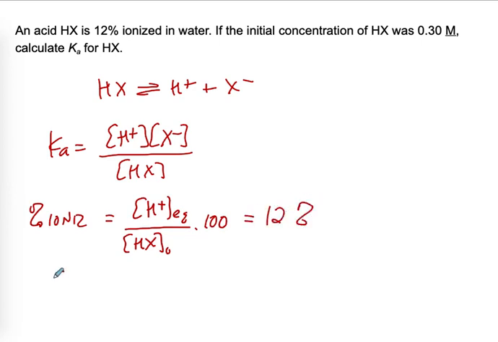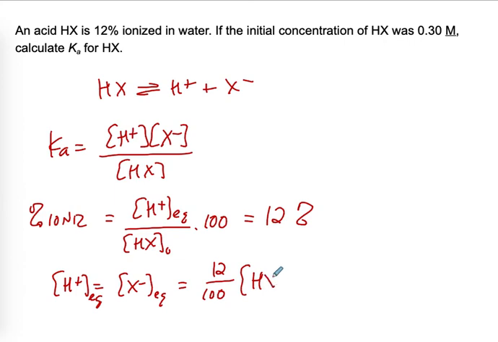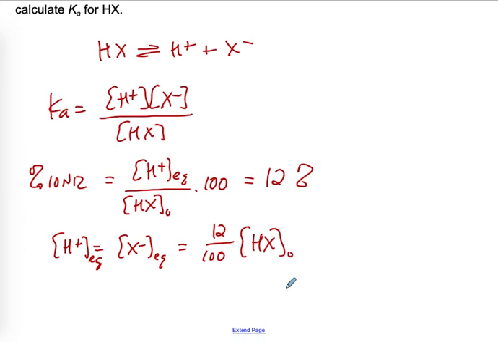So my equilibrium concentration of hydrogen ion, which is equal to my equilibrium concentration of the conjugate base, is equal, by rearrangement, to 12 over 100 times the initial concentration of HX, which is 0.12 times, we're given the initial concentration is 0.30 molar, equals 0.036 moles per liter.